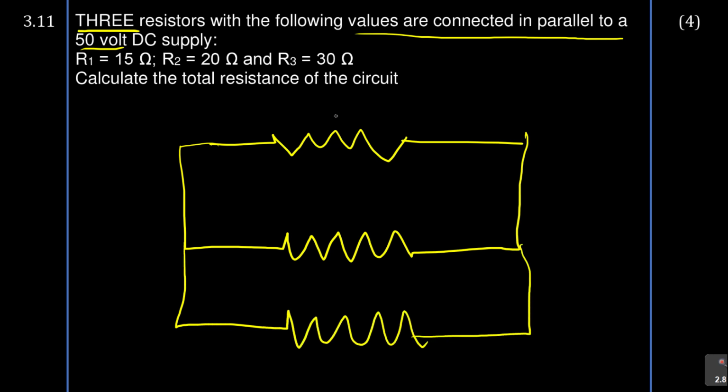So there it is. So what is this? This is your R1, it's 15 ohms. Your R2, it's 20 ohms, and your R3 is 30 ohms.